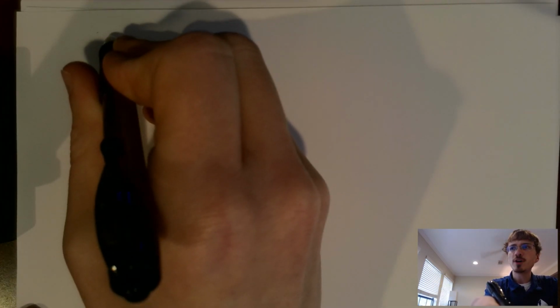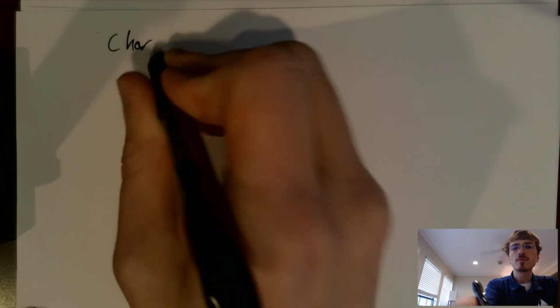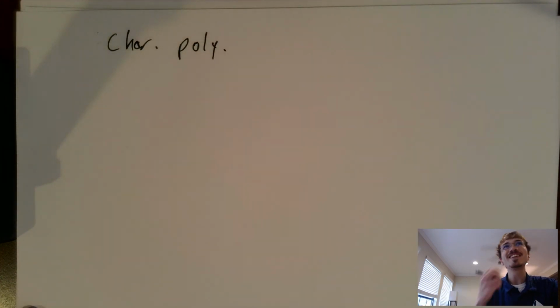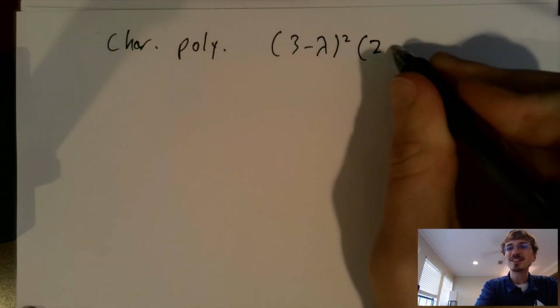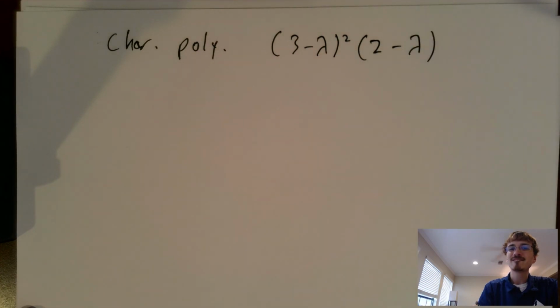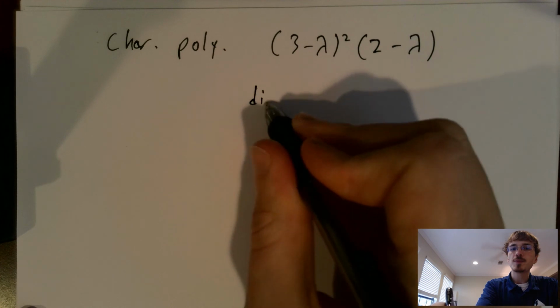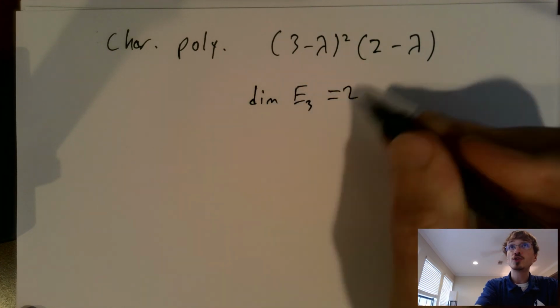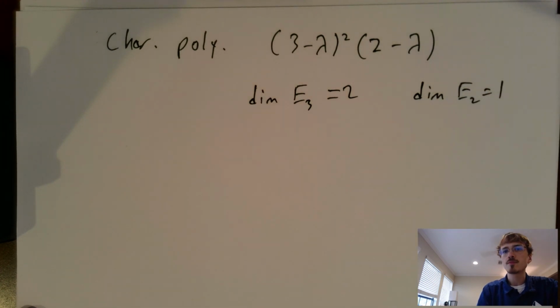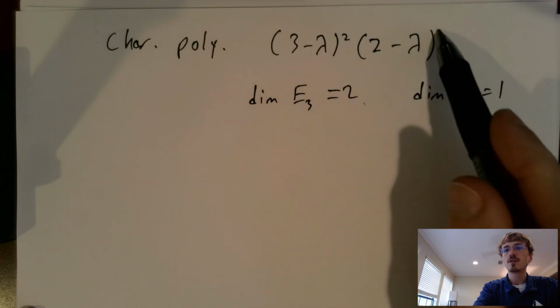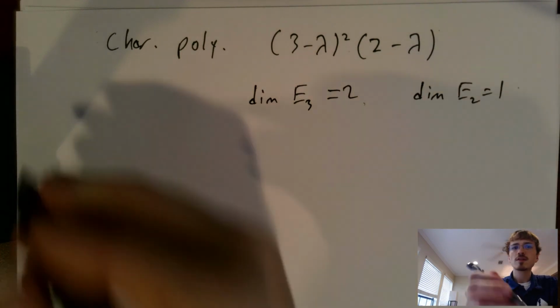All right, so let's put this together now. Recall that our characteristic polynomial, char poly, because I'm lazy, yeah, the characteristic polynomial for this matrix was 3 minus lambda squared times 2 minus lambda. Yeah? And remember that the dimension of E sub 3 was 2, and the dimension of E sub 2 was 1. Well, that's kind of interesting. This gives us a definition.